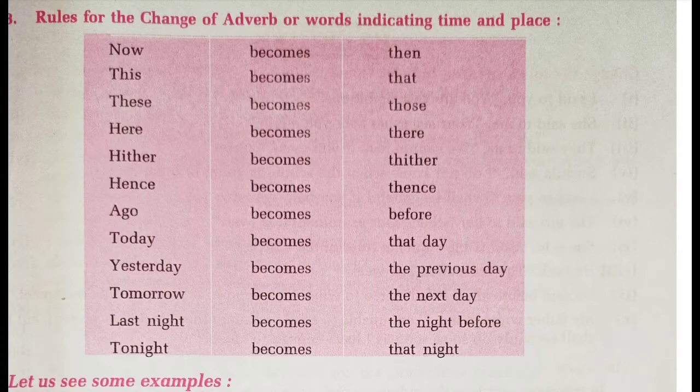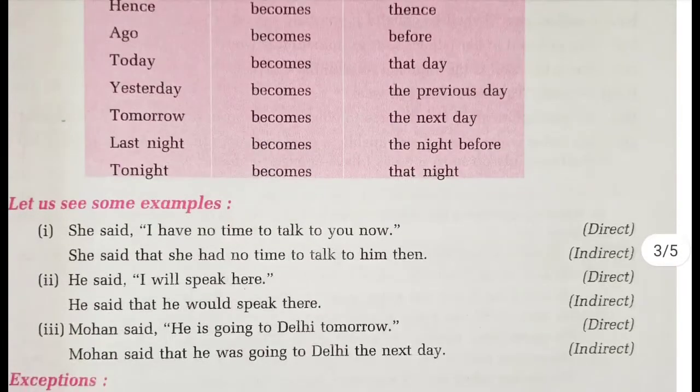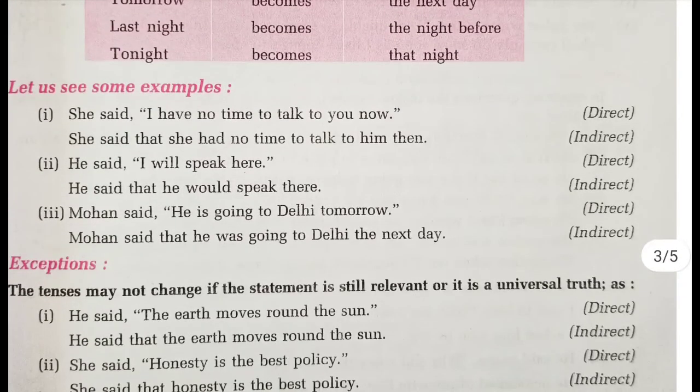So look here: now changes into then, this changes into that, these becomes those, here becomes there, hither becomes thither, hence becomes thence, ago becomes before, today becomes that day, yesterday becomes the previous day, tomorrow becomes the next day, last night becomes the night before, tonight becomes that night. So here some more examples are provided.